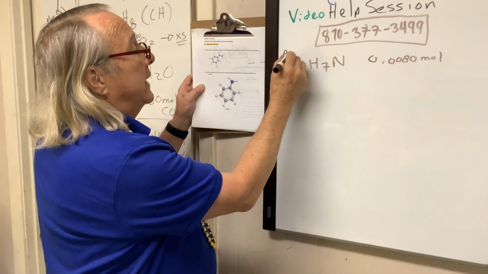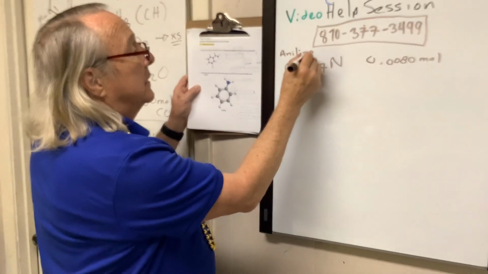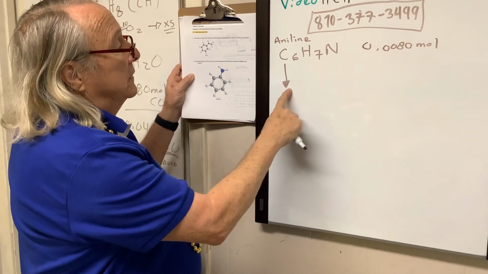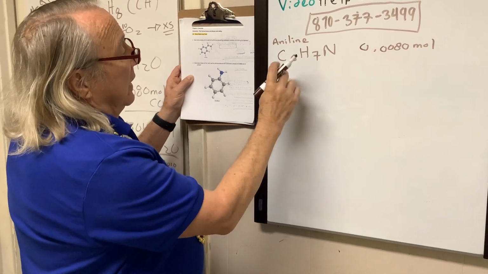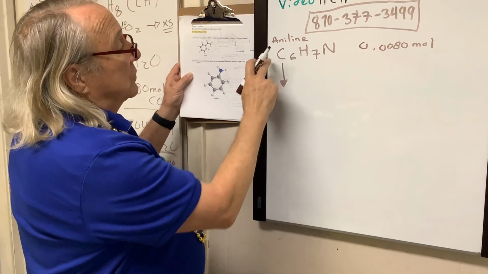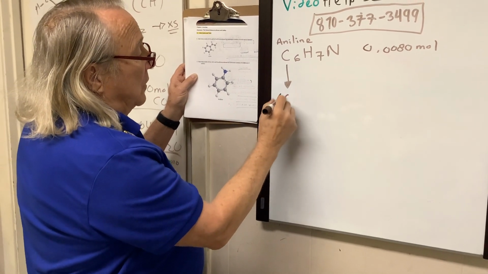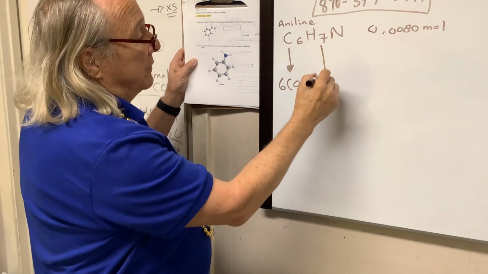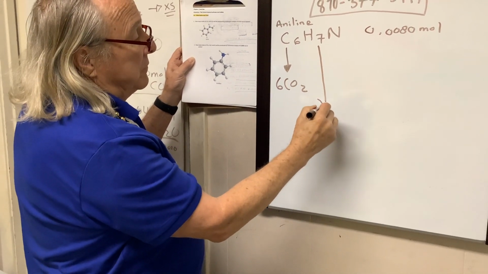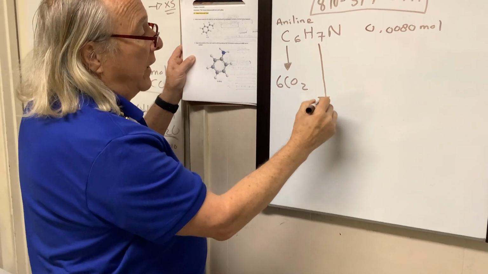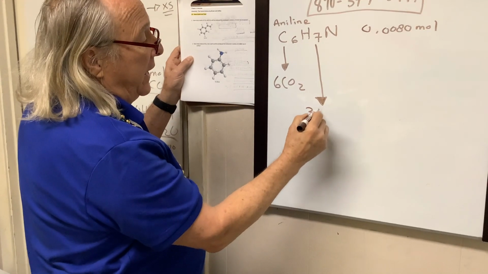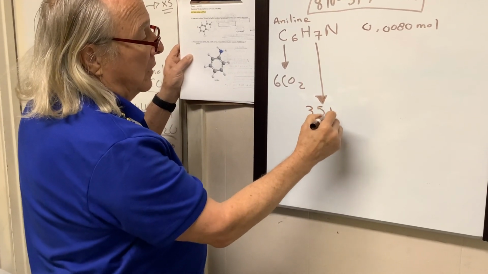Aniline is its trivial name. 1 mole of this will give me 6 carbon dioxide. And 1 mole of aniline will give me 7 moles of hydrogen, but that can go on to make 3.5 moles of water.